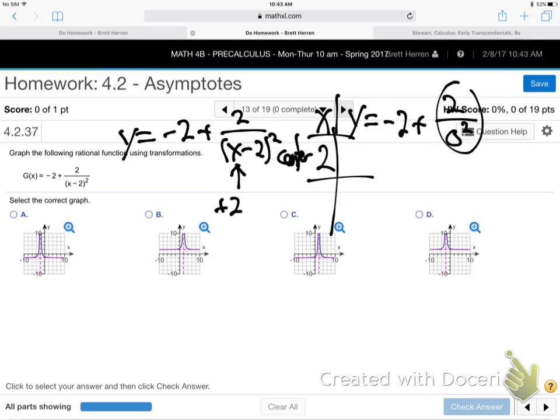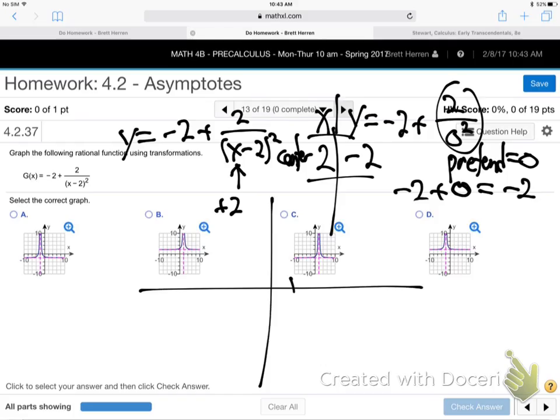So remember, you pretend that the undefined part is 0. So then it's minus 2 plus 0, which is minus 2. So this is over 2, down 2. We good with that? Boom, right there. Over 2, down 2. That's the center of the crosshairs, isn't it? Center of the asymptote lines.